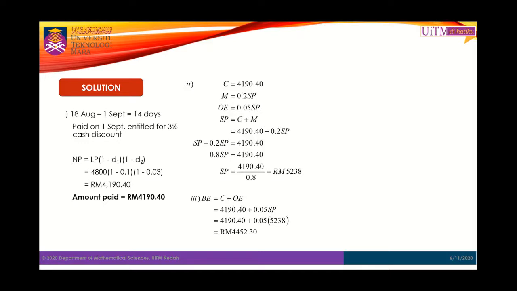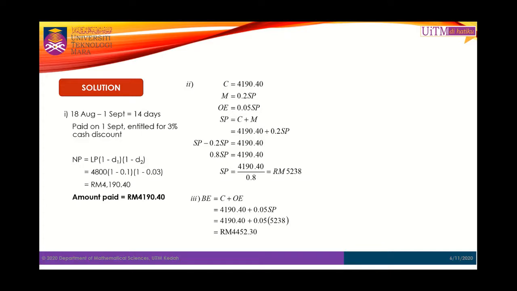So you multiply 5% with 5238 and add to the cost 4,190.4, so you get the break-even price to be equal to 4,452.30. Okay, so that is the answer for the break-even price.